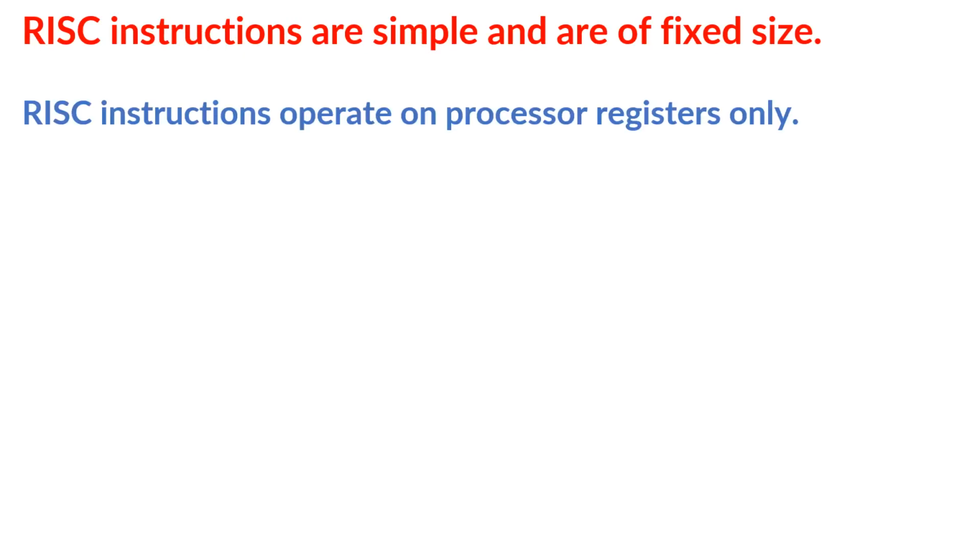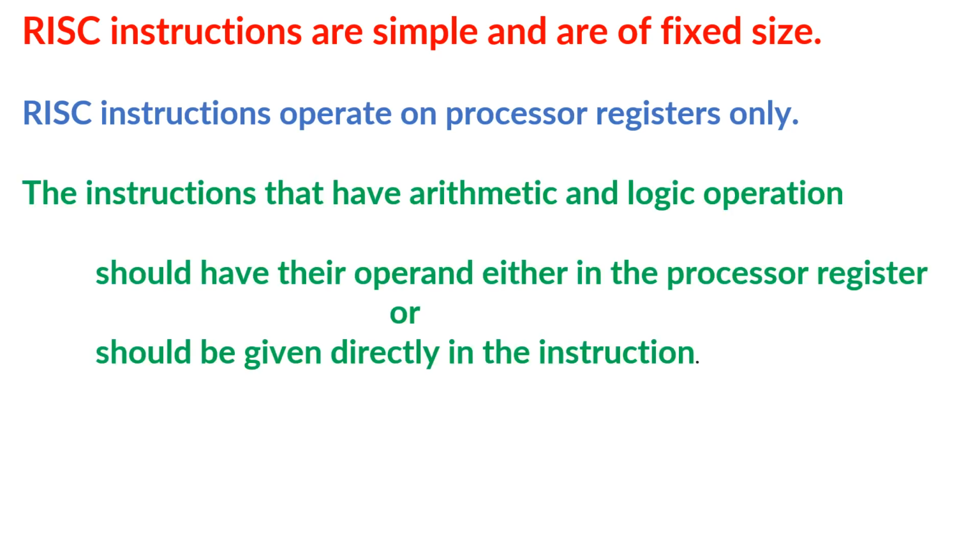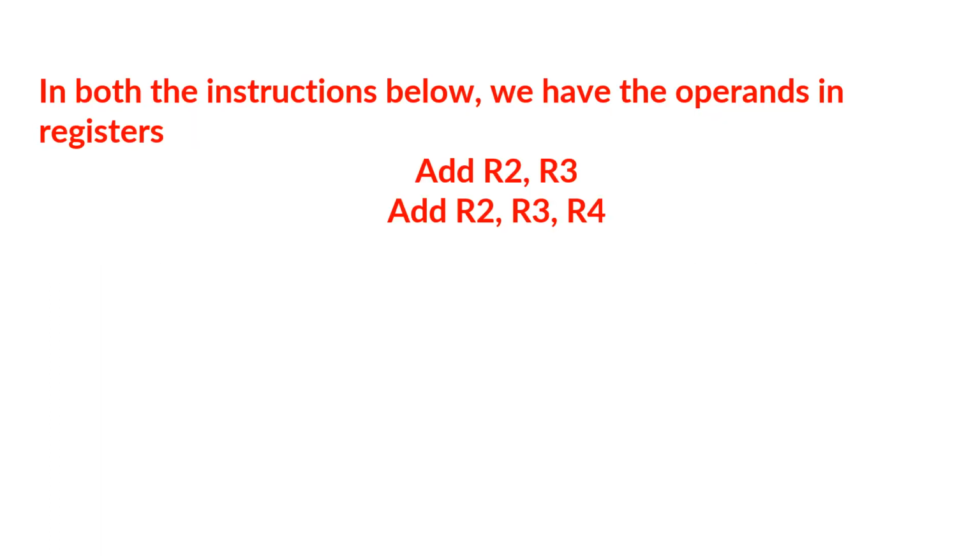RISC instructions are simple and of fixed size. RISC instructions operate only on processor registers, and instructions that have arithmetic and logic operations should have their operand either in a processor register, or we can directly mention the operand in the command.